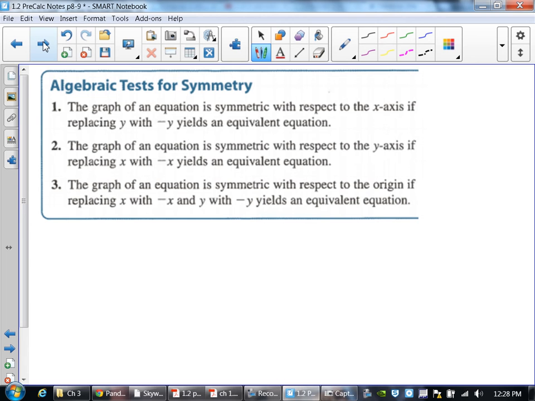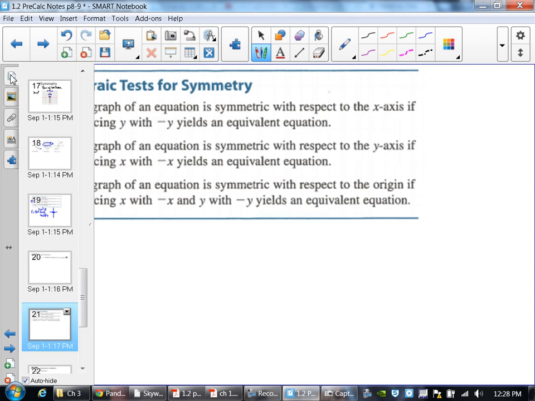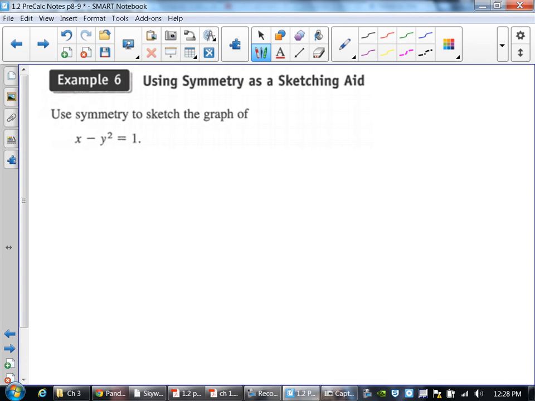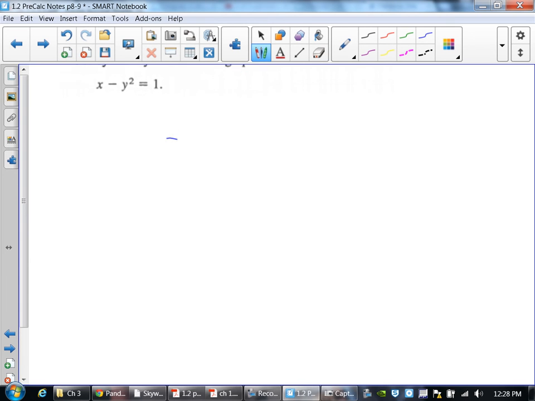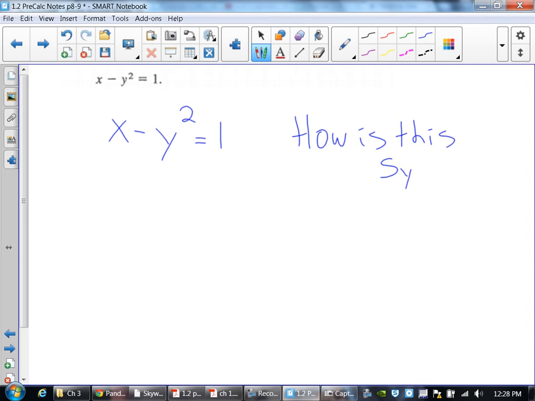Let me show you an algebra problem with this. I want to check, well, let's do this. I want to see how this is symmetrical, or if at all.